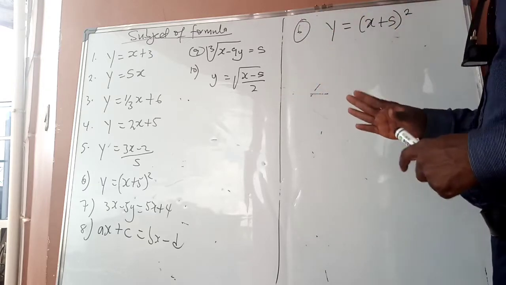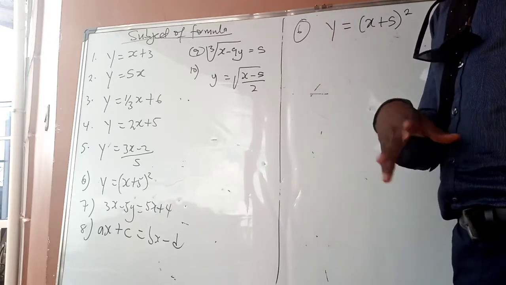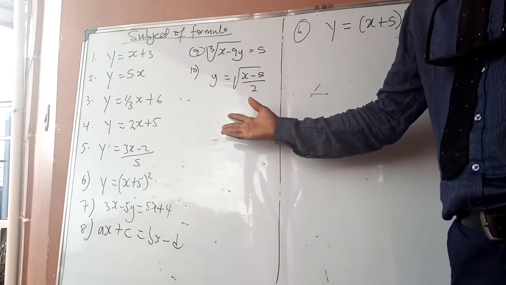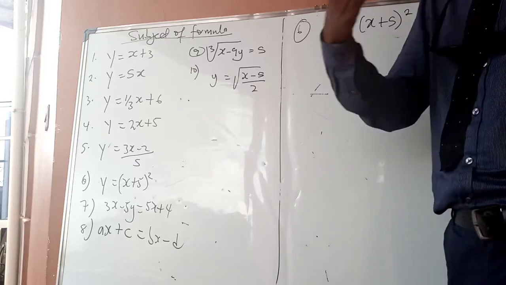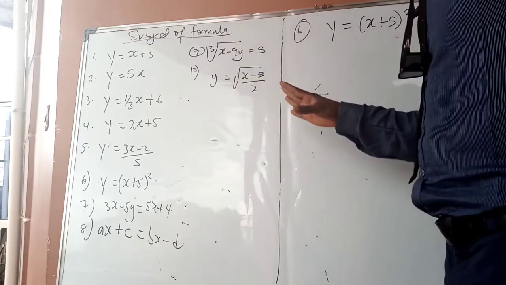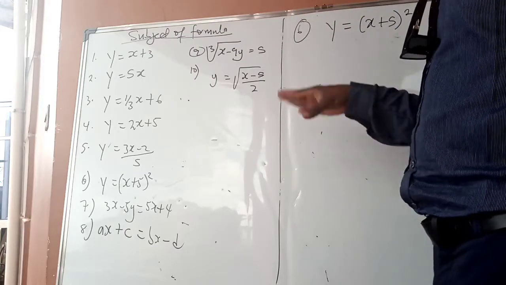There could be a situation whereby you'll be required to make one of up to 5 variables the subject of the formula. It should be the next level we shall discuss.